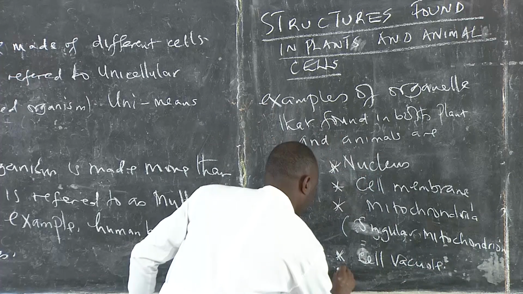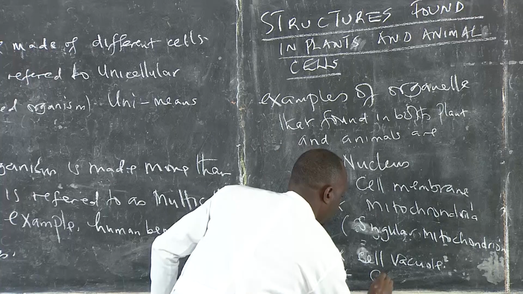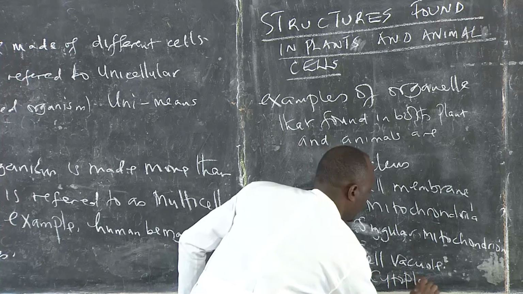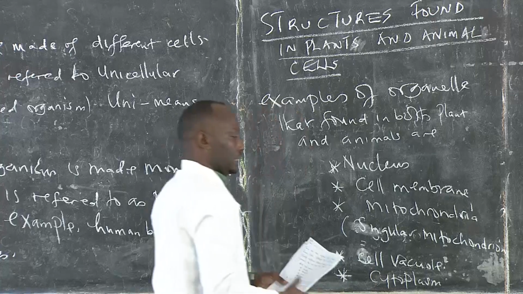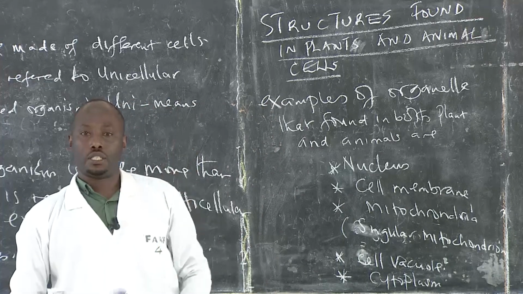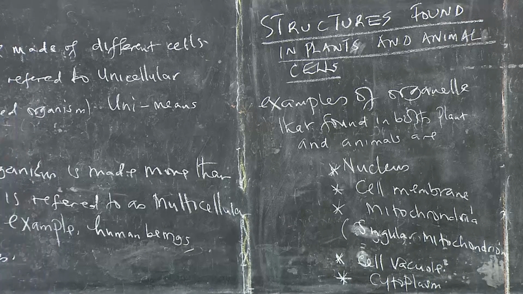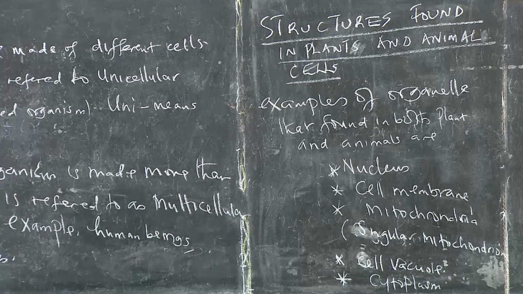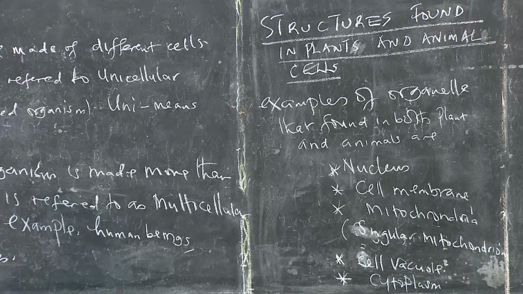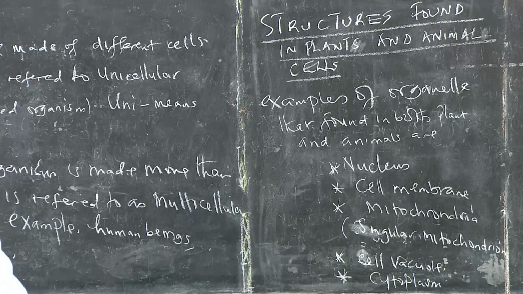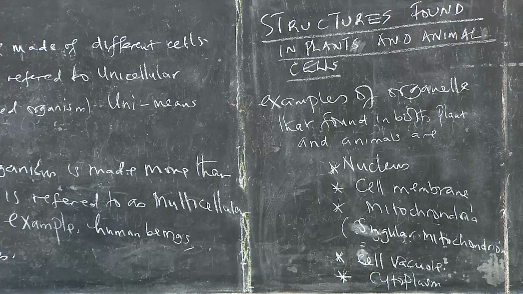You also have another one which is called the cytoplasm. I said the cytoplasm is a gel-like or fluid-like substance, which is used to store food materials and also to remove waste products from the cell.